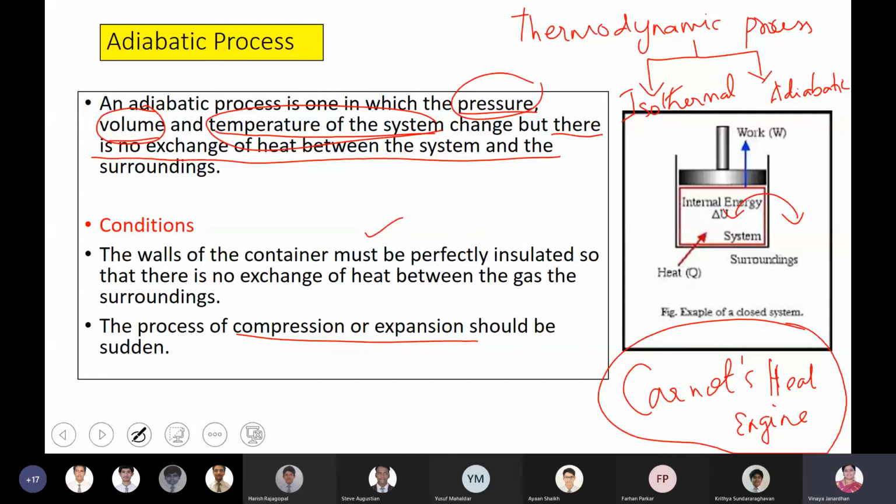That expansion is so rapid that it cannot absorb heat energy from the surrounding to maintain the temperature. That is the reason an adiabatic process is a sudden process. Clear, boys? Now we'll go for work done in an adiabatic process.